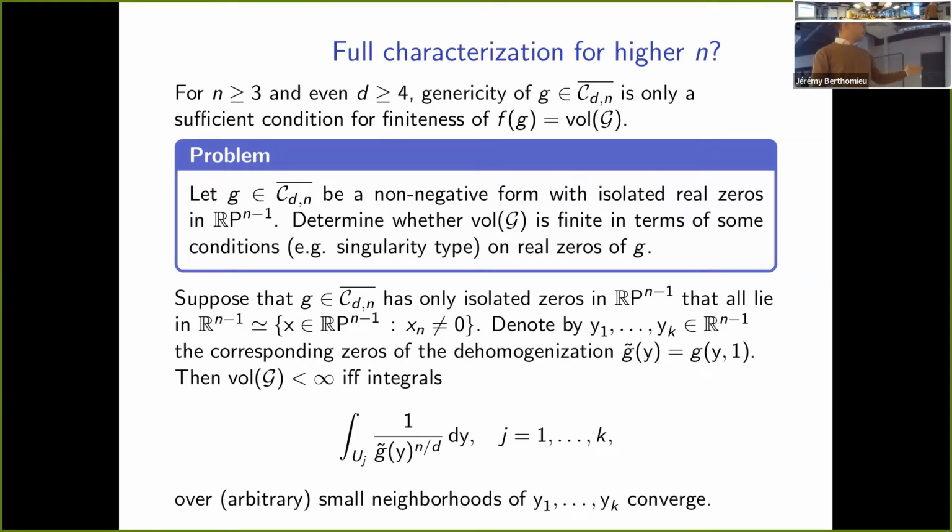Then the volume is finite if and only if the integrals over arbitrary small neighborhoods of these real zeros converge. So the only thing that matters for finiteness of the volume is the behavior of the form around its zeros, as this picture shows. If you stay away from zeros, then nothing bad can happen. Infinite volume you can gain only around zeros.